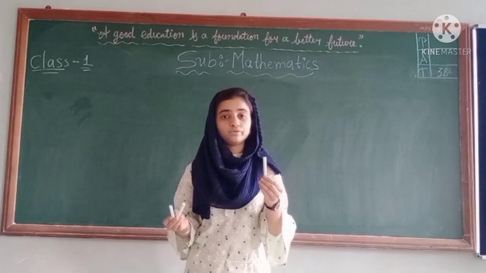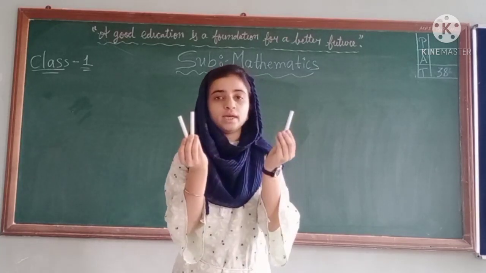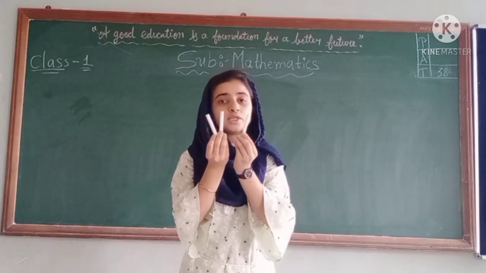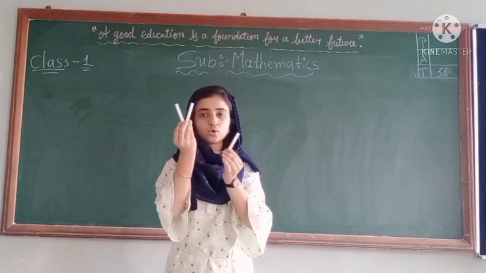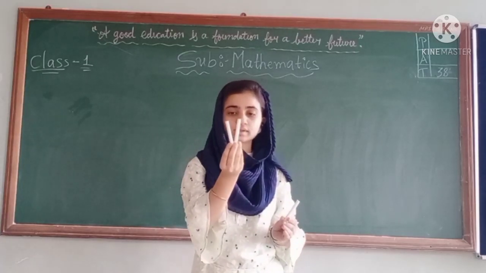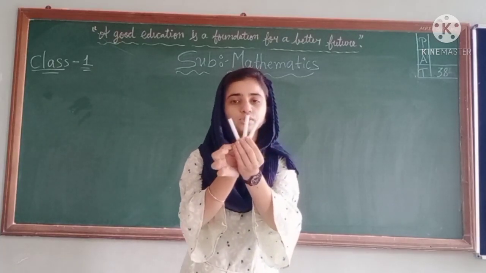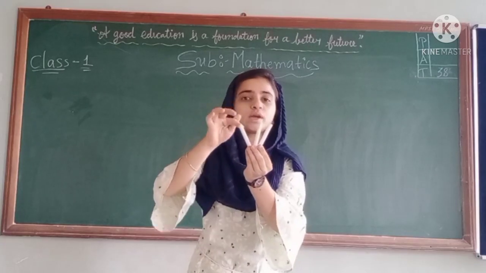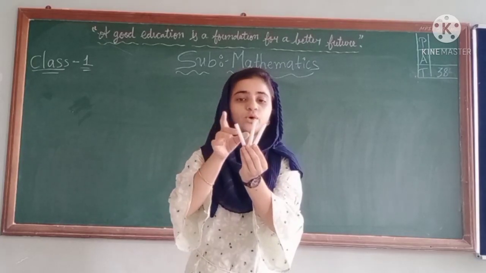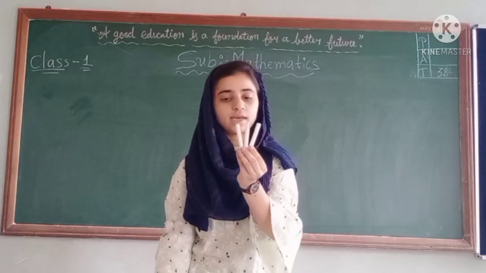Now I want to find out the total, how many chalks in both my hands. So first I put the two chalks from my right hand here, and along with them I put this one. I'll put all together, right?